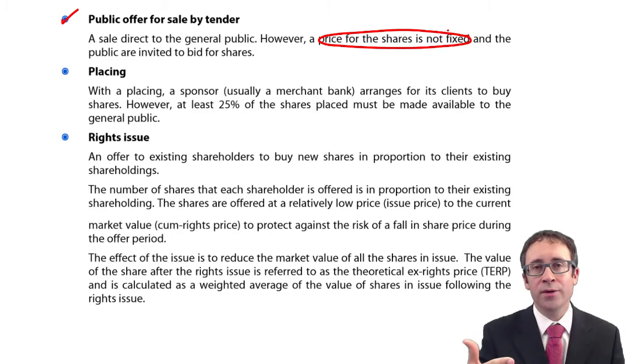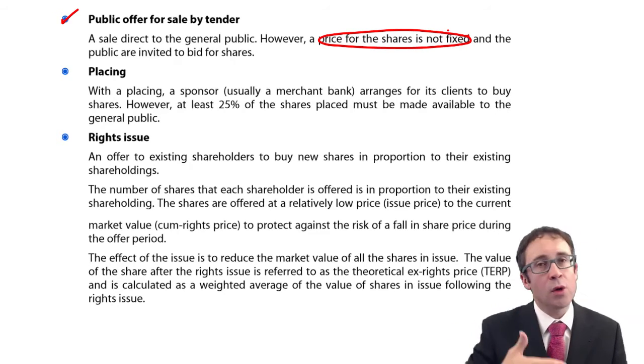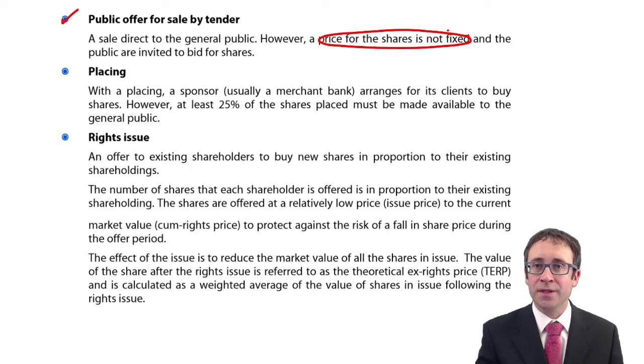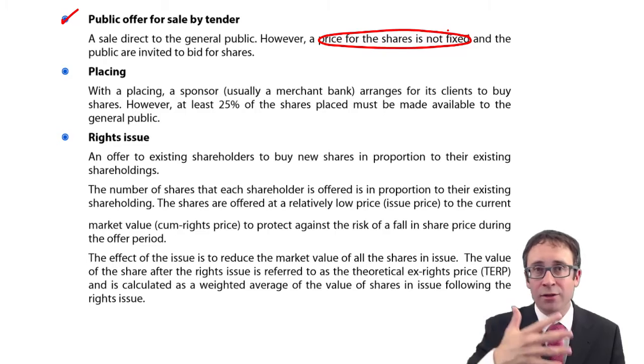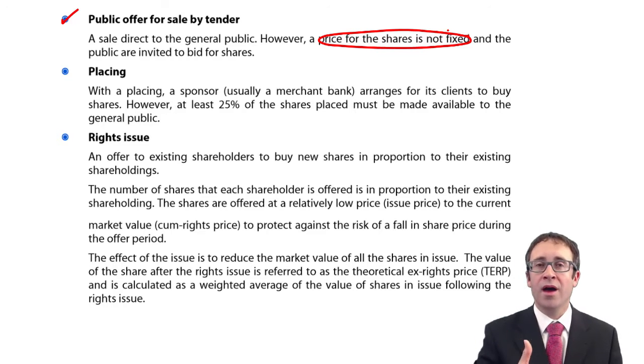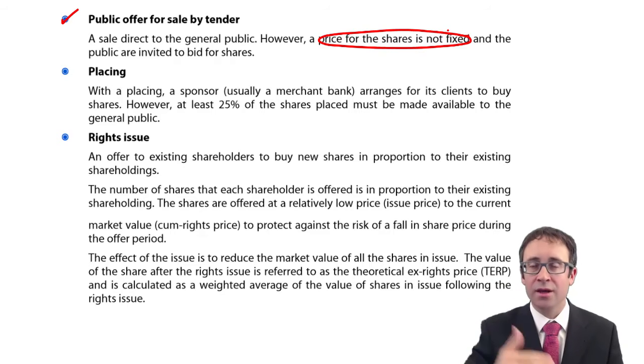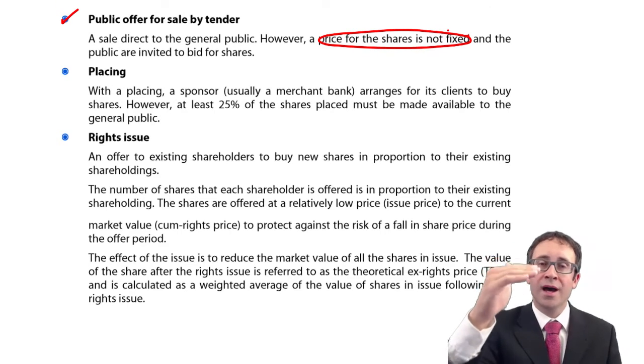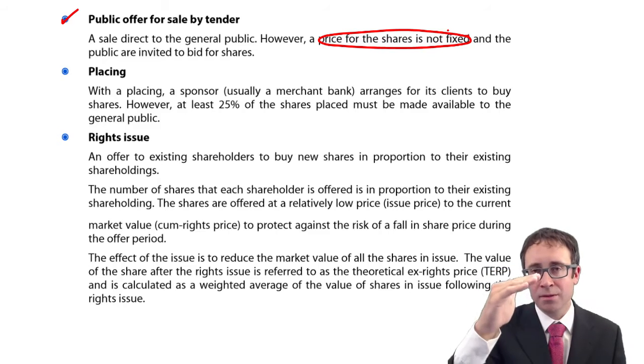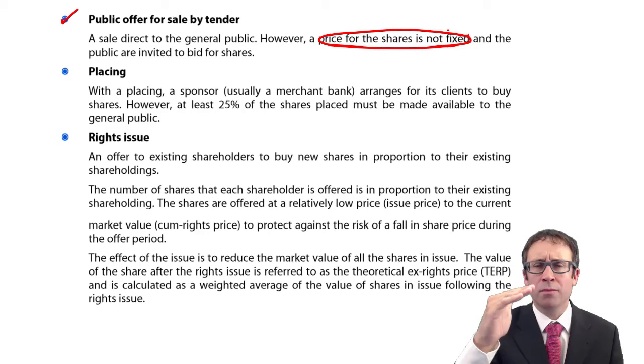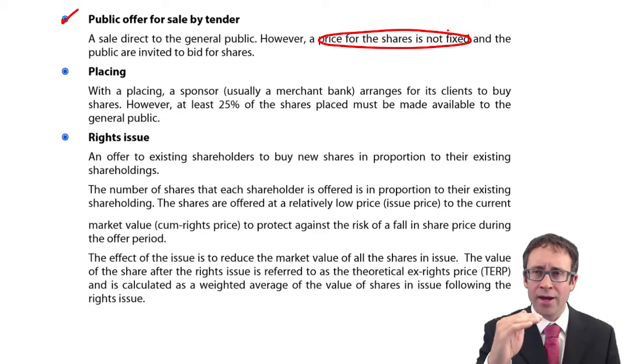We encourage people to bid the highest, because if you bid higher, you are more likely to get the shares. Once we've received all the sealed bids, we allocate shares to people who have bid the highest first. Then we go down the level of bids in terms of price until we get to a price whereby all of the funds have been raised.